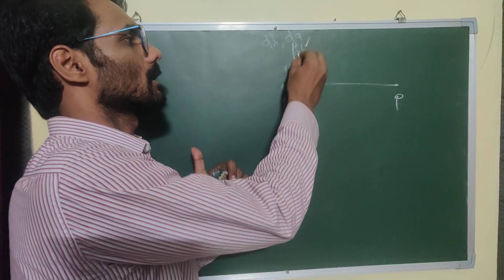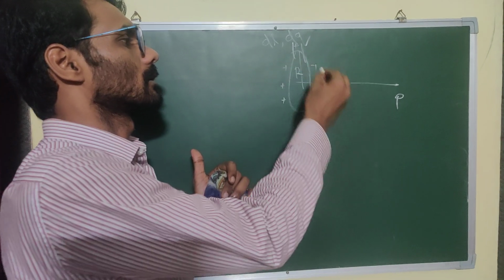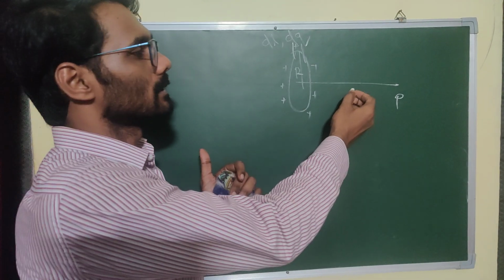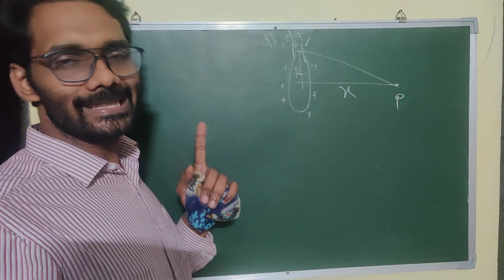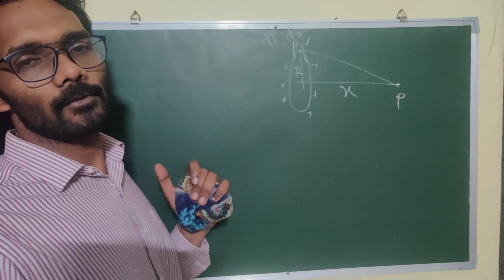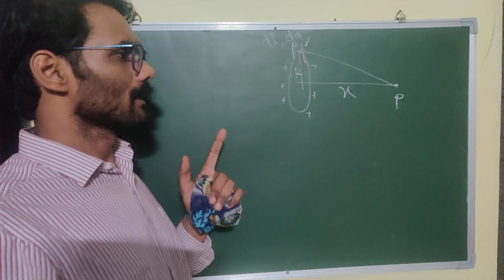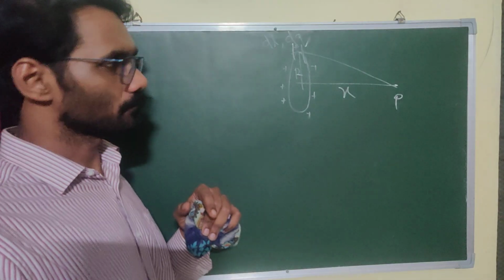So let's say this is the radius of the loop, capital R, this is small x. So the distance from the length element to the P point where we have to find out electric field is square root of R square plus x square.